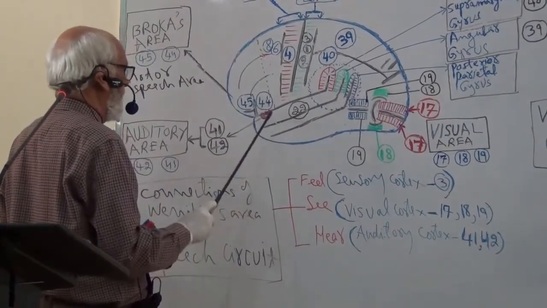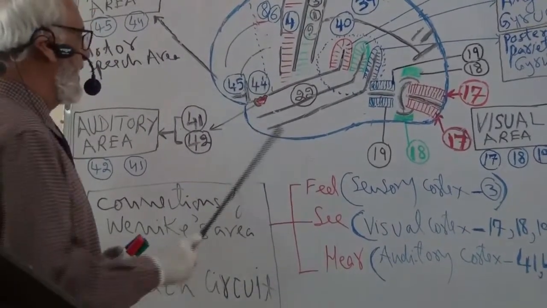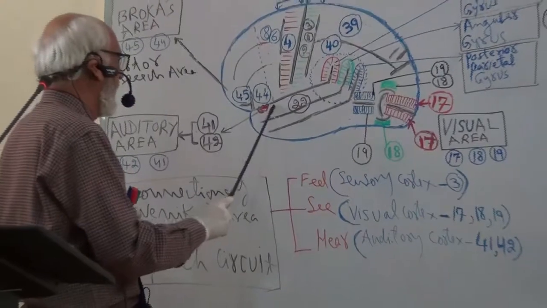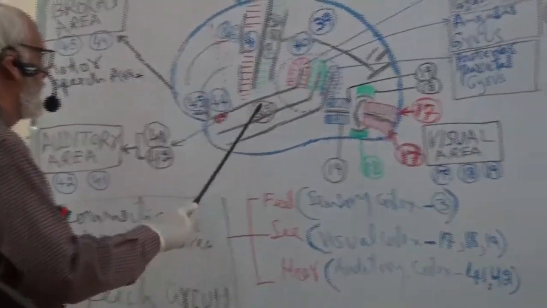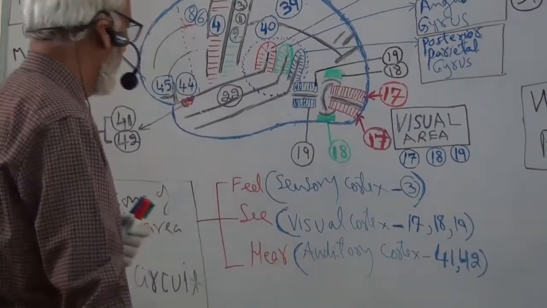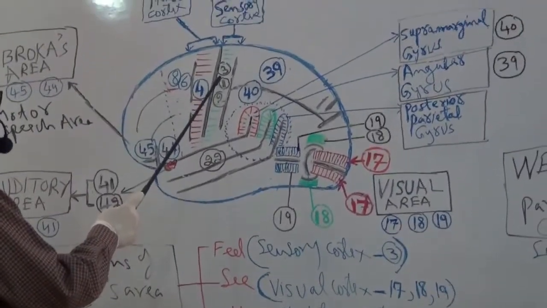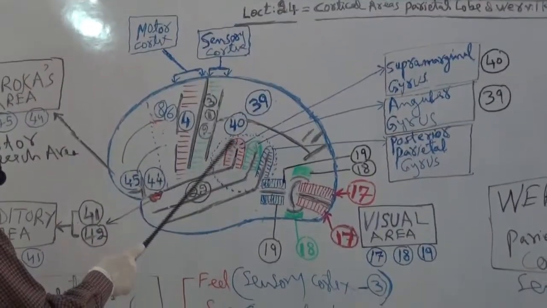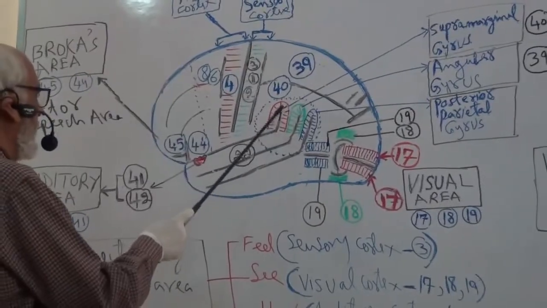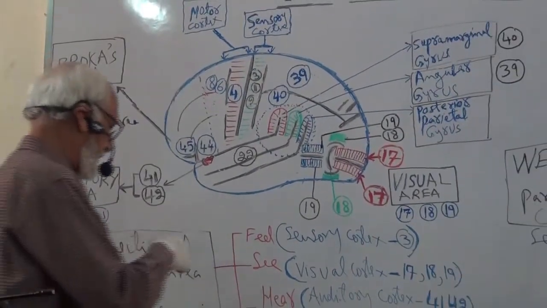For hearing, auditory areas 41, 42, the transverse temporal gyrus and the adjoining part of the lateral surface of the superior temporal gyrus, and in detail area number 22, the association area. Therefore, the fibers from these areas, sensory area, visual area, auditory area, should be projected to Wernicke's area.